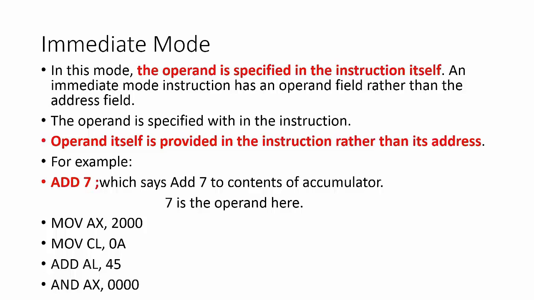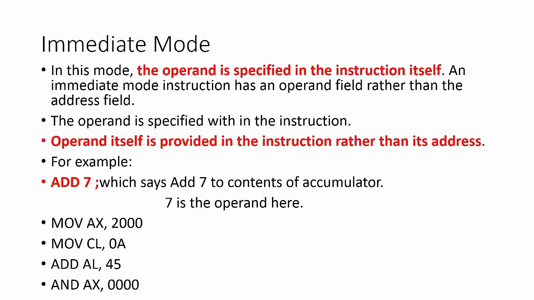So in immediate mode, the address part contains the data itself. It means that the CPU doesn't need to fetch data from anywhere. Data is part of the instruction itself.